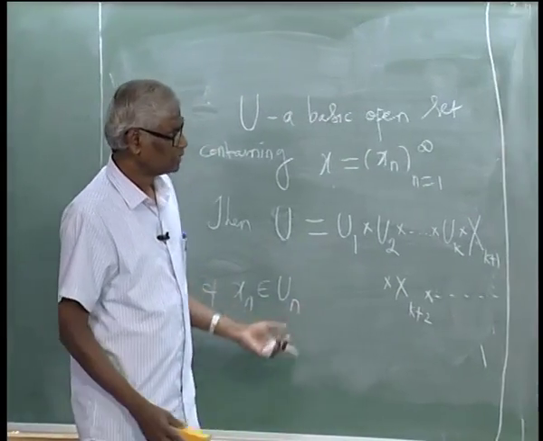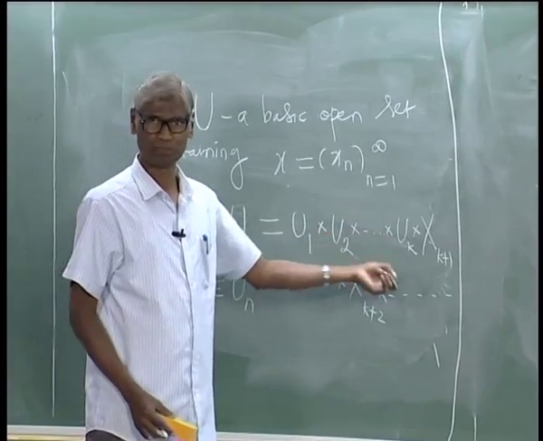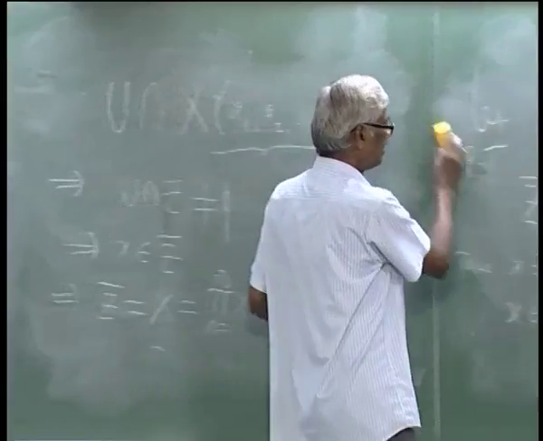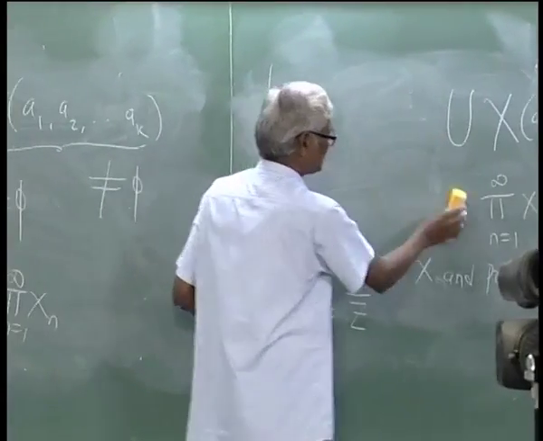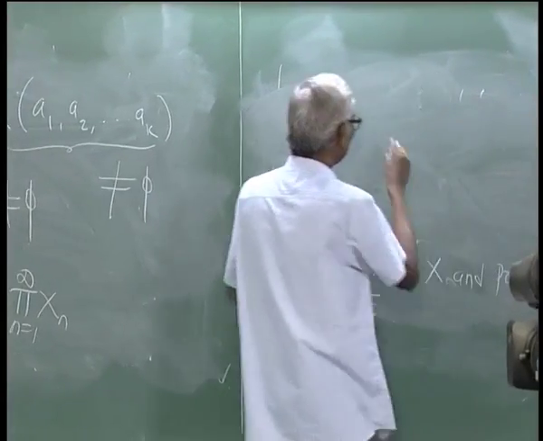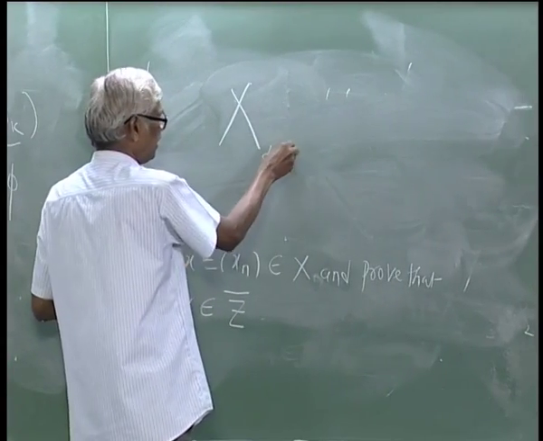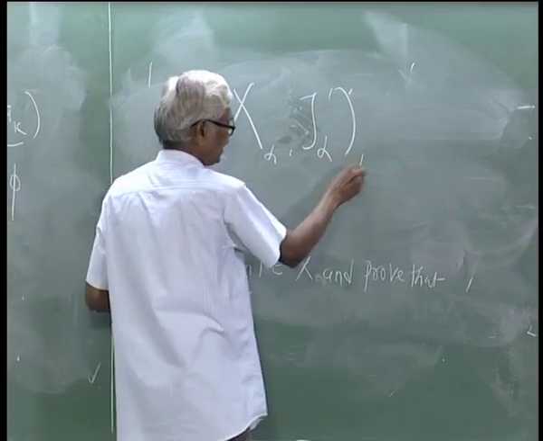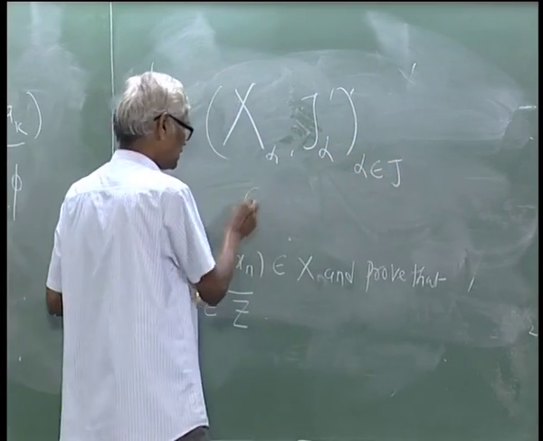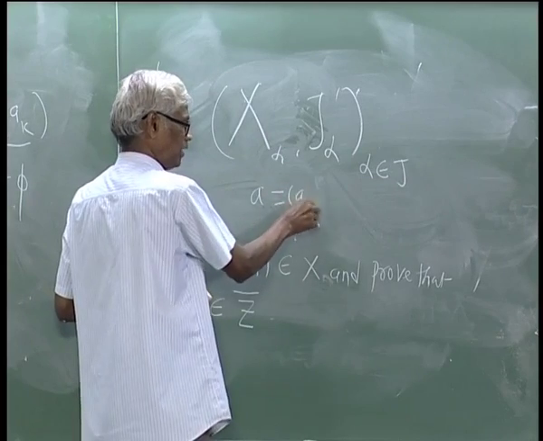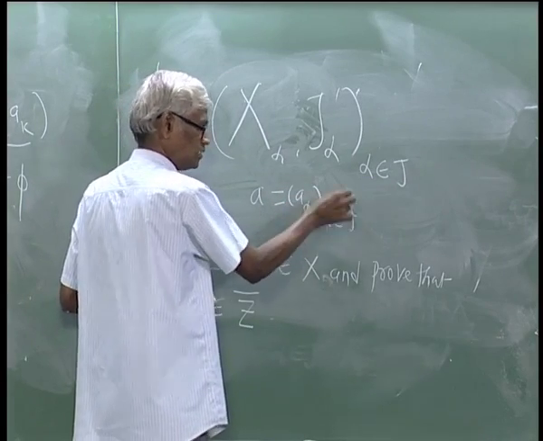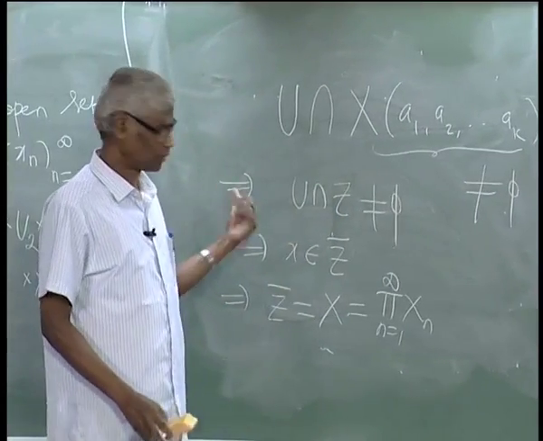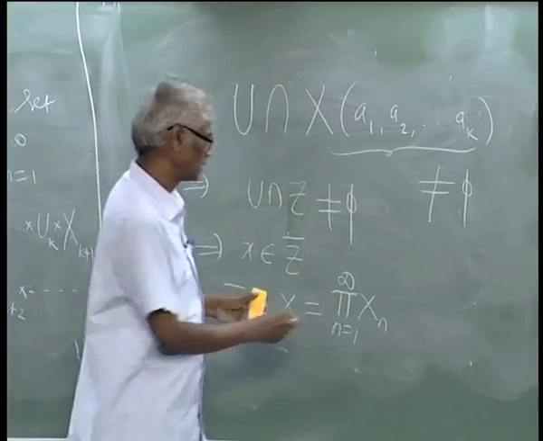In fact, there is no difference between this proof and the case where, instead of taking a countable collection, we take X alpha, with alpha belonging to an arbitrary index set J. Instead of fixing A, fix some A alpha, alpha in J. Then you can just repeat it; the idea is the same, only the notation changes.